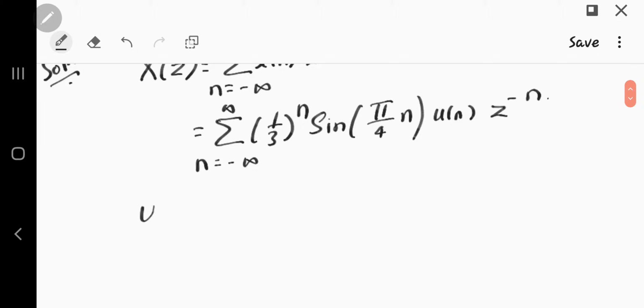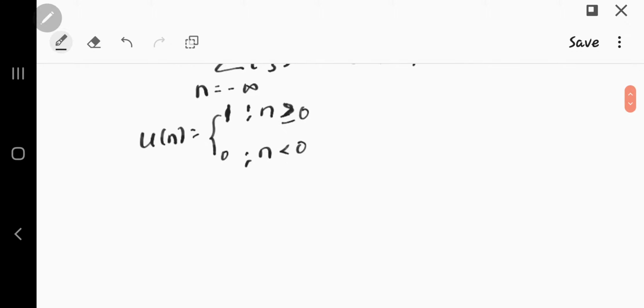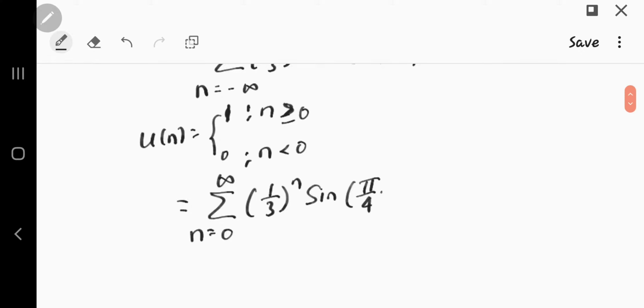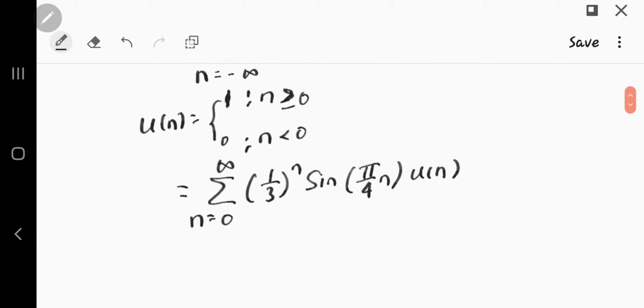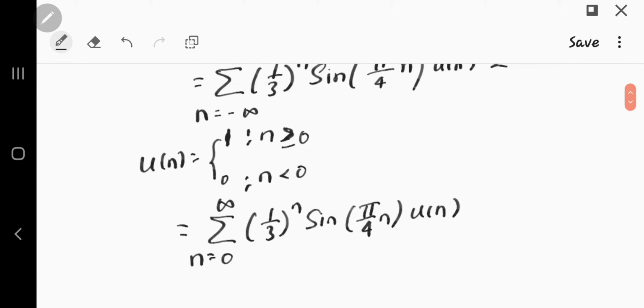Now u of n is present for n greater than or equal to 0, and it is 0 for n less than 0. So our limit will be from n is equal to 0 to infinity, (1/3) to the power of n sine(pi by 4 n) into u of n. And I think I forgot z to the power of minus n here.